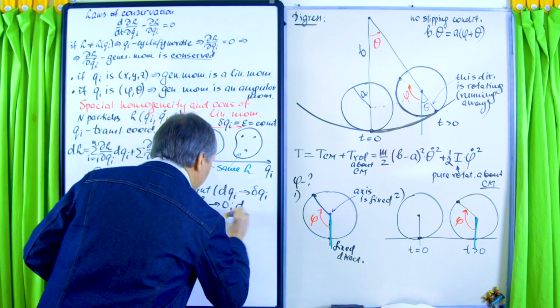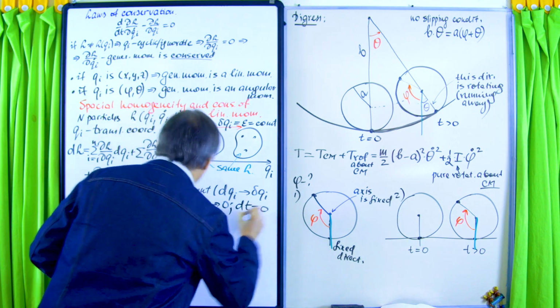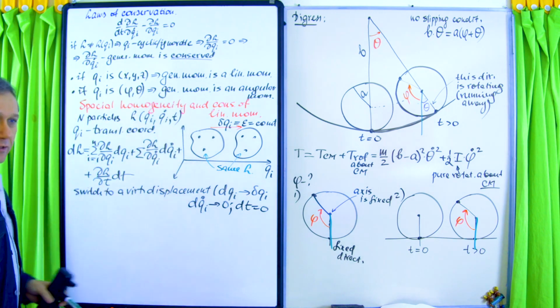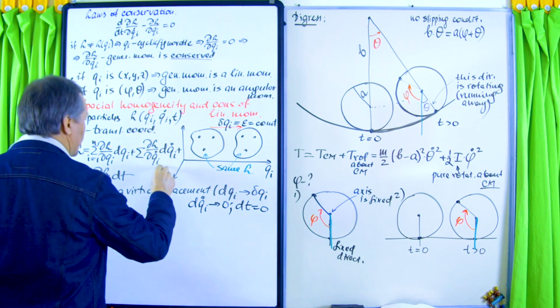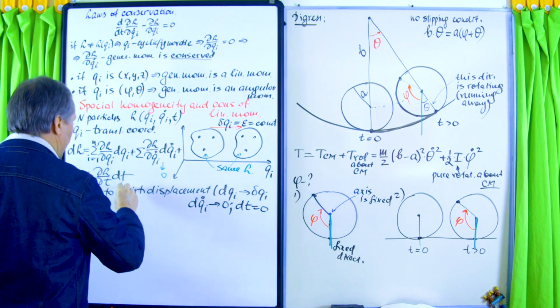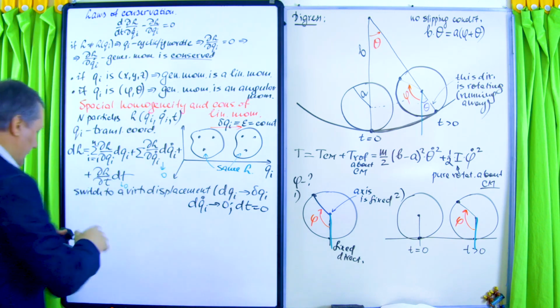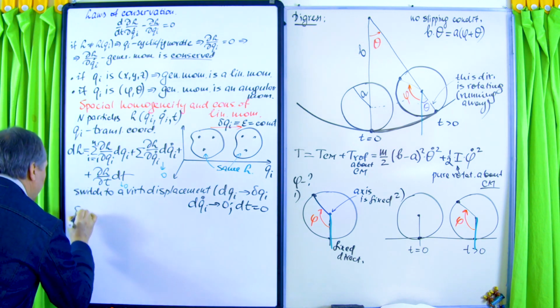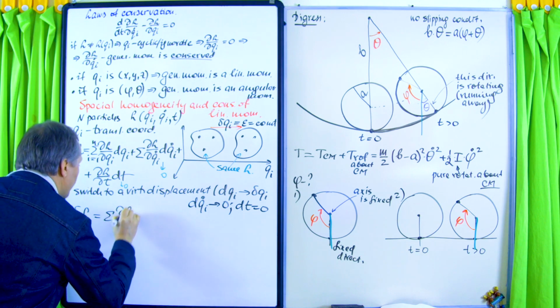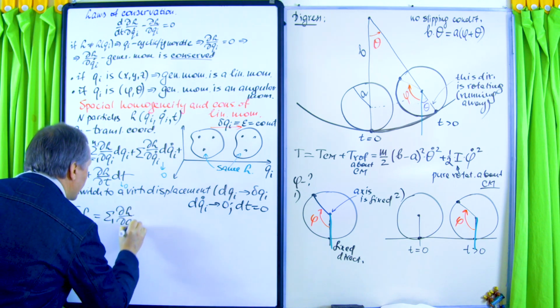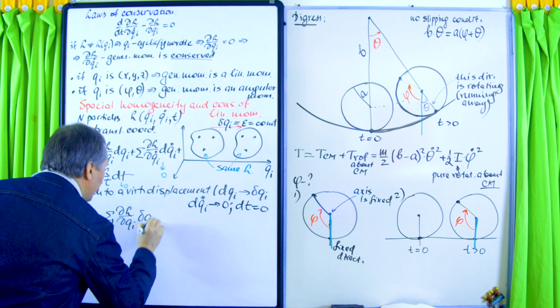And of course dt also 0. So these two last terms will disappear, right? So this will go to 0, and of course this will go to 0. As a result, delta L will be equal to the summation of partial derivative of L with respect to qi, delta qi.